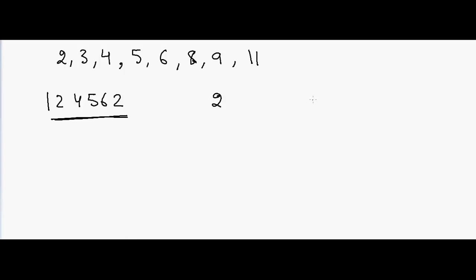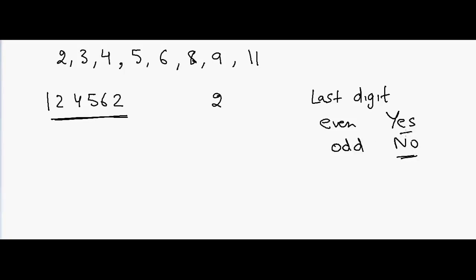We have to look at the last digit, and if it's even, then yes, and if it's odd, then we'll say no. Here the last digit is 2, so it should be divisible by 2 because it's an even number at the end.